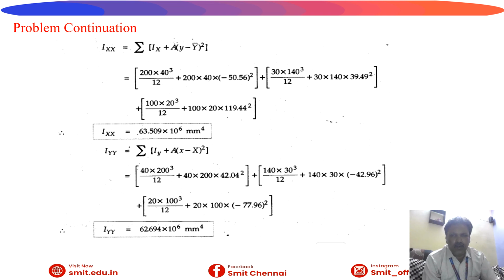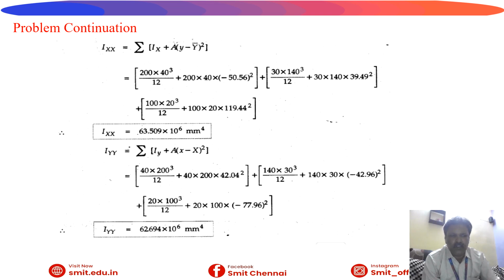Then we have to apply the formulas: 200 into 40 cube by 12, then 200 into 40 into minus 50.56 the whole square, plus the remaining values also: 30 into 140 cube by 12, then 30 into 140 into 39.49 square, plus 100 into 20 cube by 12, plus 100 into 20 into 119.44 square.